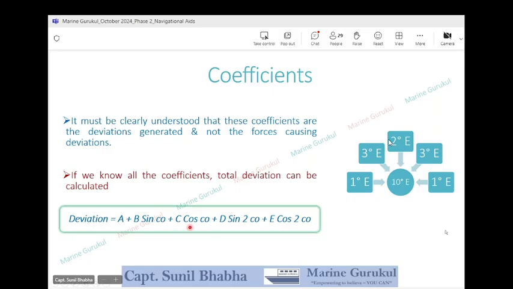The contribution of this third part or coefficient C also becomes 0. So this is how the deviation is broken up into 5 different parts: Alpha, Bravo, Charlie, Delta, and Echo. And if we know all the parts, we can easily calculate the total deviation on any heading.